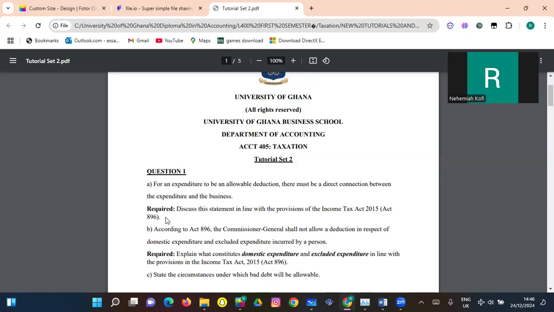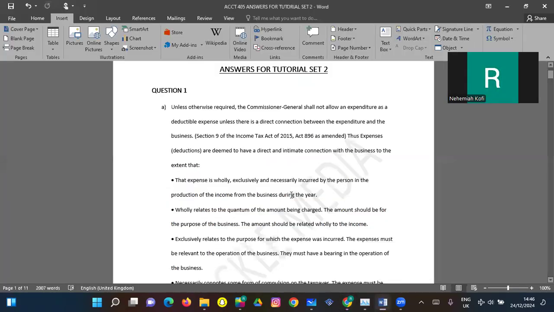Here we are required to discuss this statement in line with the provisions of the Income Tax Act 2015, Act 896. This is the suggested answer. Unless otherwise required, the Commissioner General shall not allow expenditure. So you, as a man, will not accept any pregnancy unless there is a direct connection between you and the lady, unless you have done something with the lady.